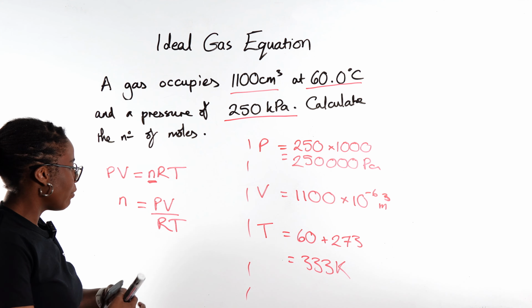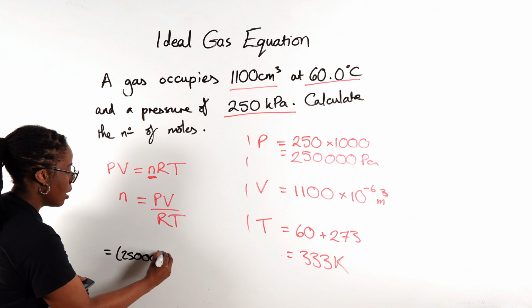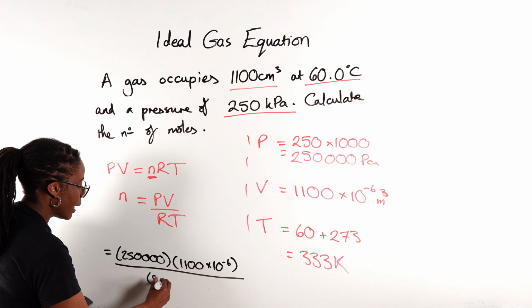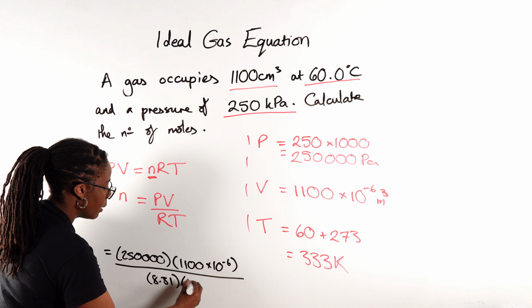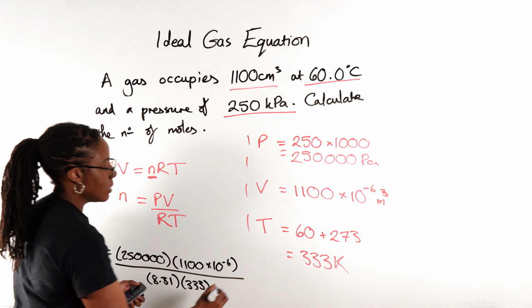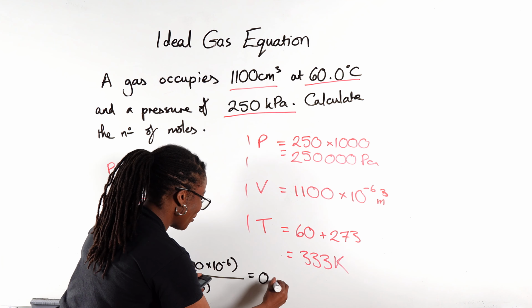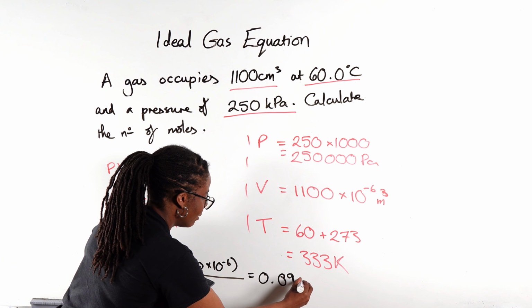So now plugging our numbers in, we get 250,000 multiplied by 1100 times 10 to the minus 6. Again, I'm keeping it like that, divided by our gas constant, multiplied by our temperature. And we end up with a final answer of, here's one I prepared earlier, 0.099.